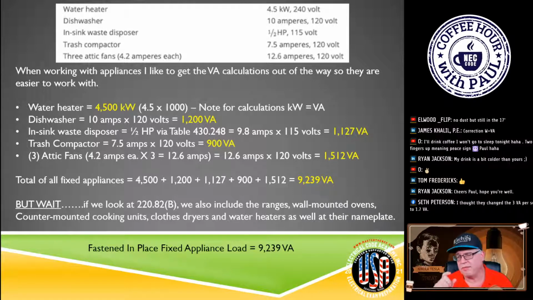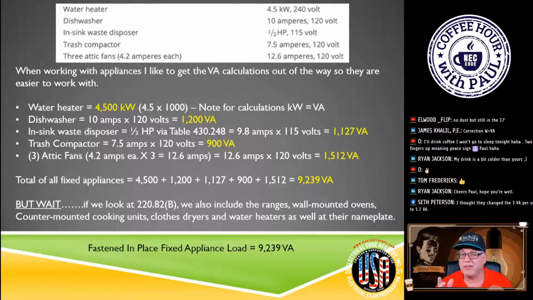But you do have some nice information back there that tell you when you're back at the tables in 430.248, 249, 250. Up in the information above the table, it'll tell you that, yeah, here's the nominal voltages, but it works with these values that are in our table. But on an exam, use that 115 volts as you see in the example. So we're doing 9.8 times 115. That's 1,127 VA.